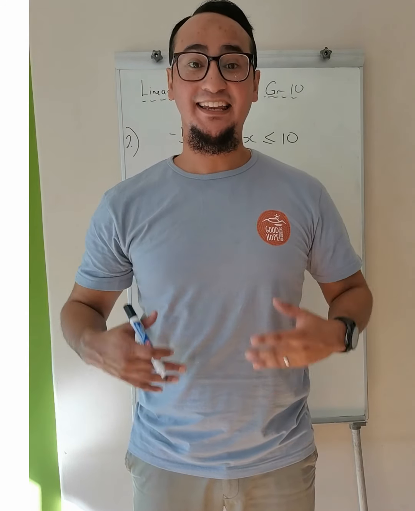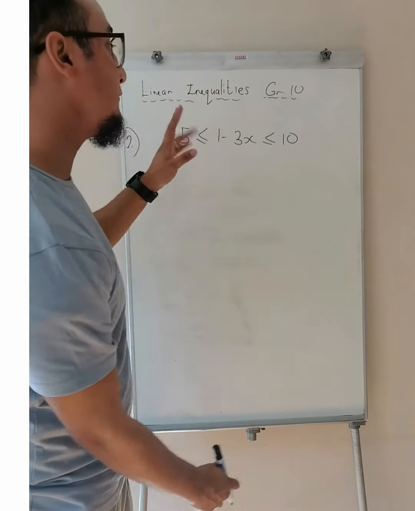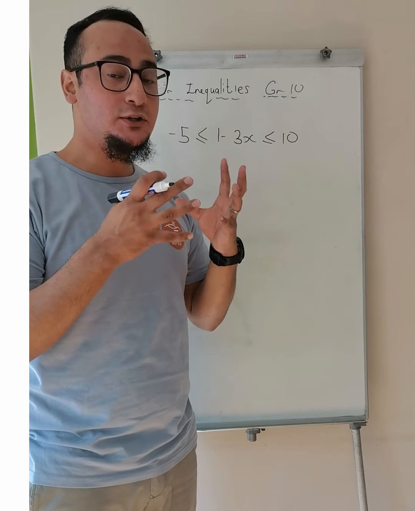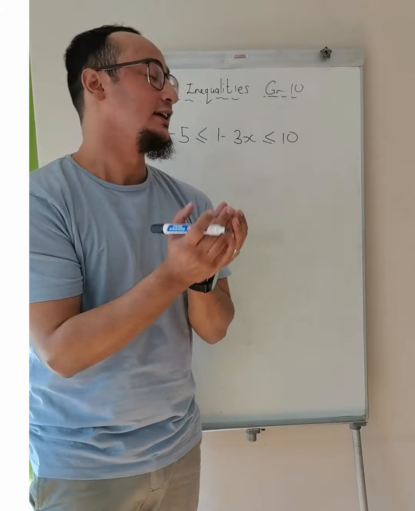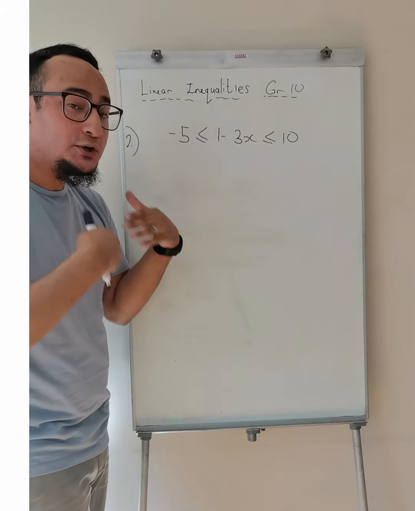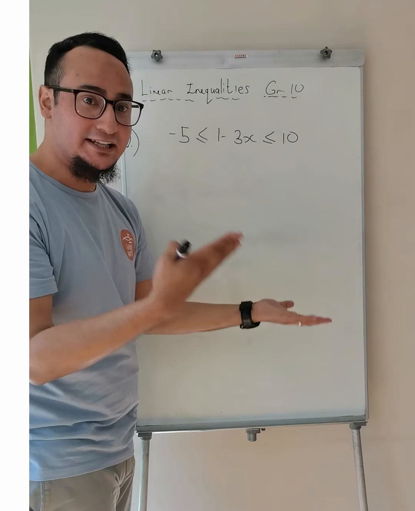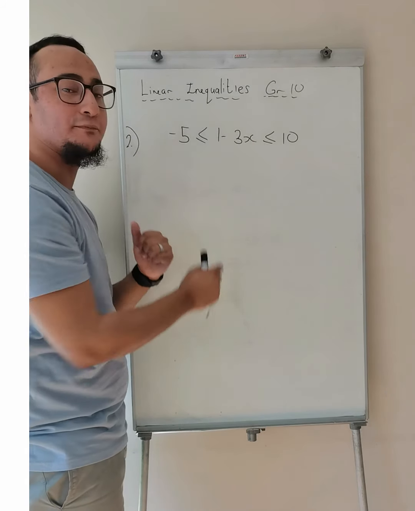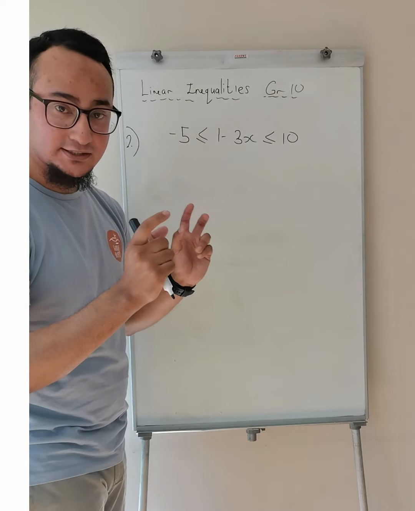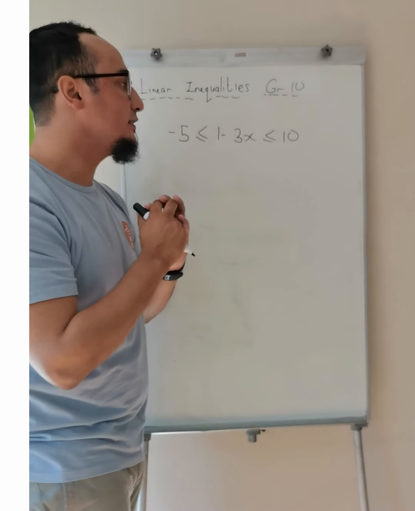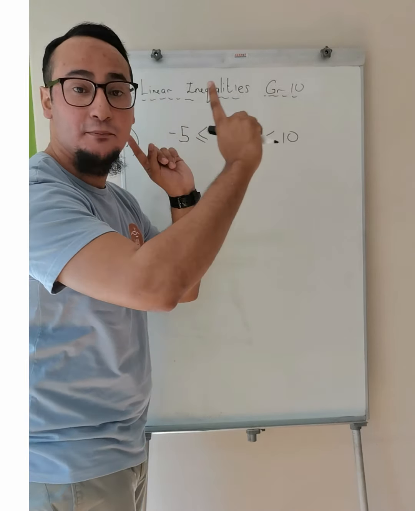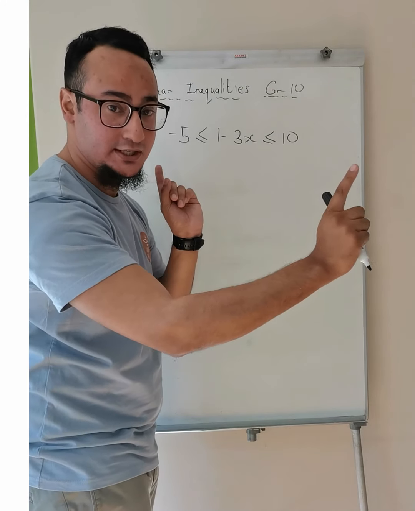Right. In number 2 learners, I have 2 inequality signs. Right? Now, I need to first isolate x. In order to do that, I need to get rid of the negative 3. In order to get rid of the negative 3, I need to get rid of the 1. Now, because there's 2 sides to my inequalities, it means that in order to get rid of things, I need to apply it to both sides of my inequality sign.